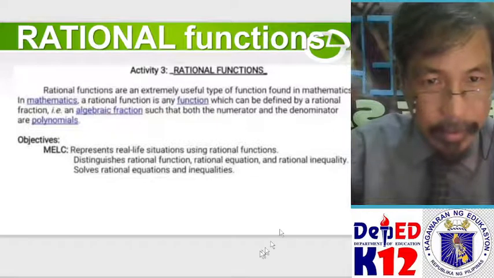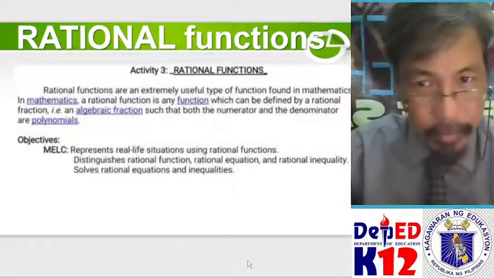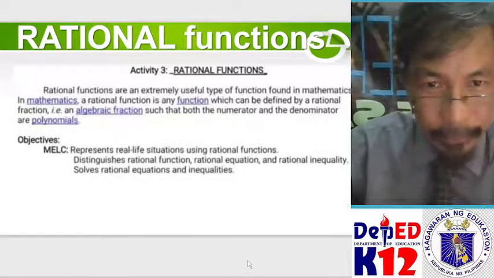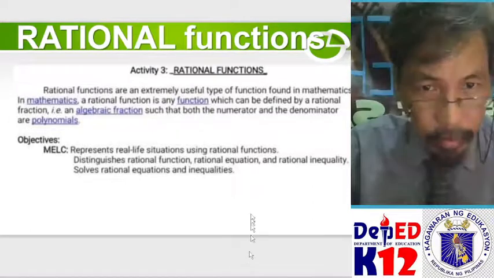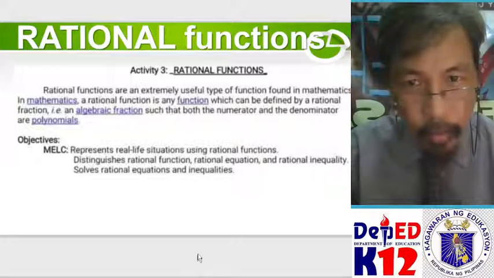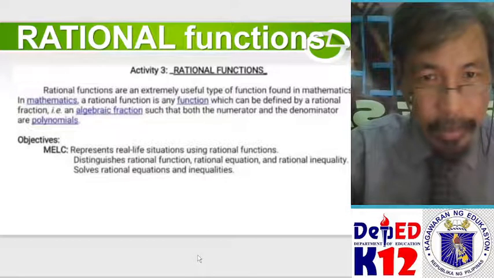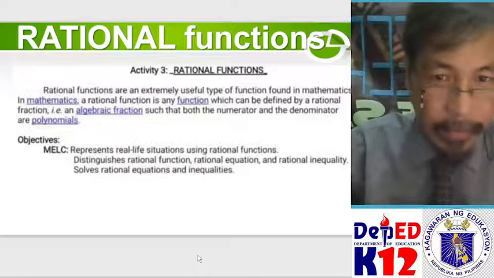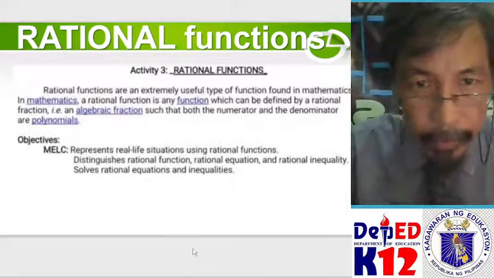Rational inequality: algebraic polynomials which involve a symbol of inequality. All in all, rational functions are those with a numerator and denominator, both in the form of algebraic polynomials.